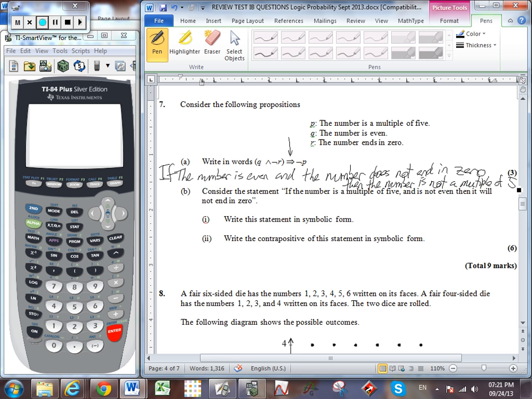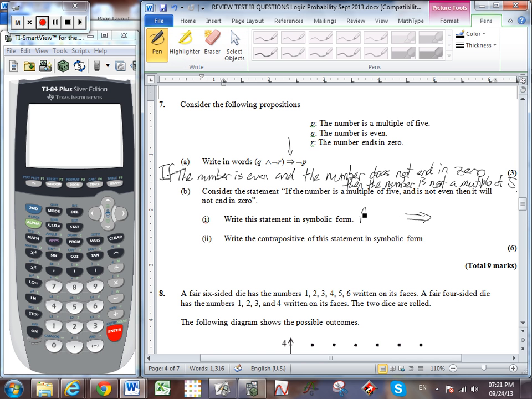Okay, let's consider the statement. If the number is a multiple of 5 and it is not even, then it will not end in 0. Write the statement in symbolic form. So if means that we're going to have an arrow in the middle. Let's write the antecedent, the part first. The number is a multiple of 5. I need to leave a little bit more space because I've got an and coming in next.